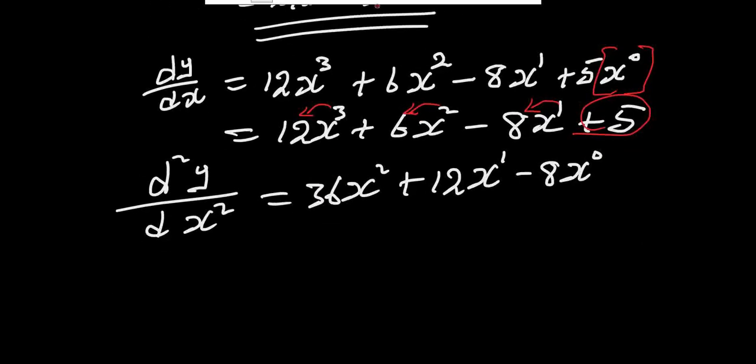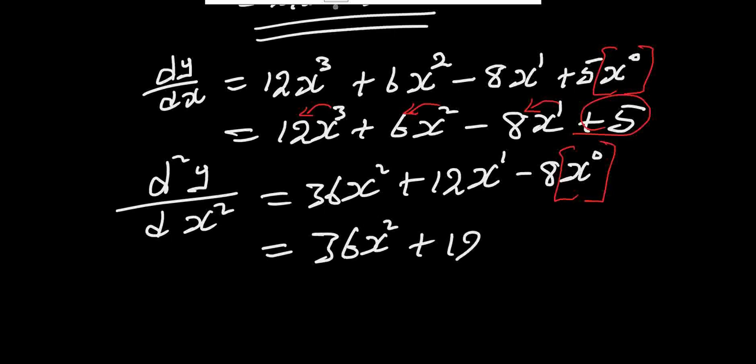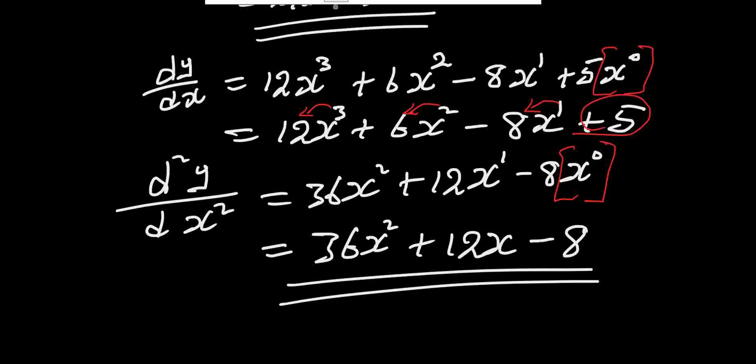And please recall that this is 1. So this will equal 36x squared plus 12x minus 8. So this is the final answer to this question. And I hope this makes some sense.